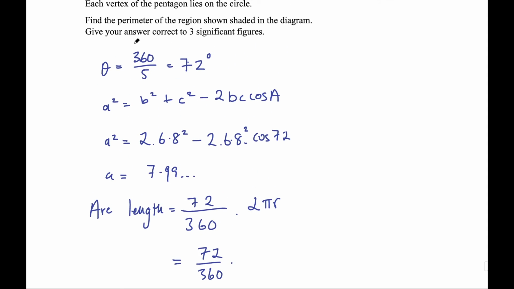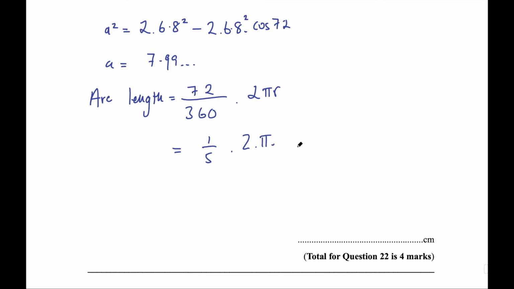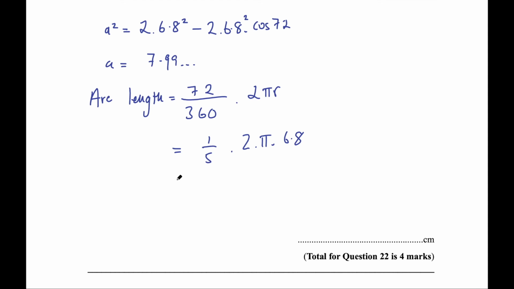Well, actually, if we go back here, we would know that's 1/5. So let's just write that as 1/5. Save us a bit of work putting it into a calculator. Multiplied by 2 times pi times r, which we know is 6.8. Okay, let's plug that in now. We would have 2 times pi times 6.8 divided by 5, and we get 8.545 approximately.